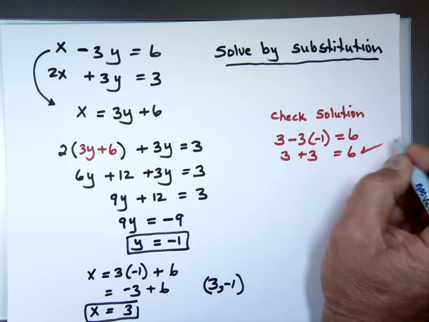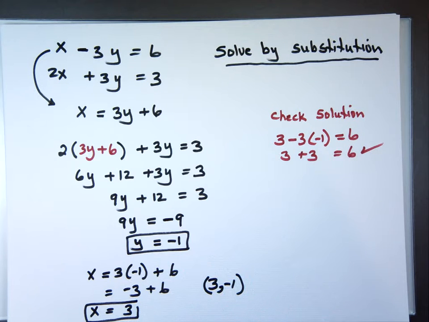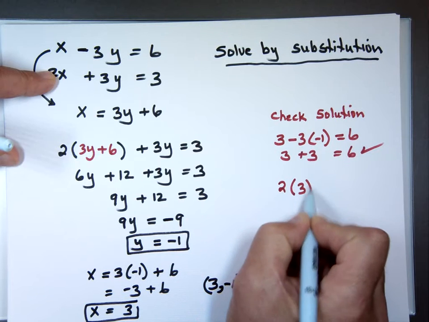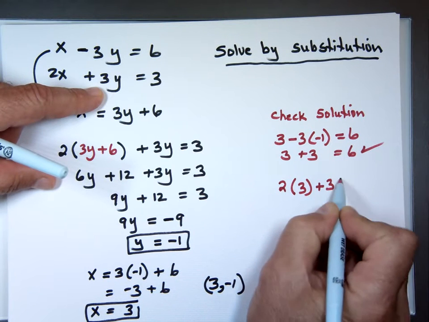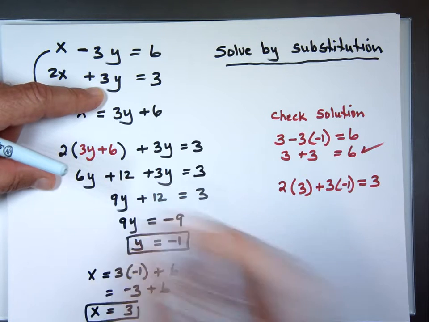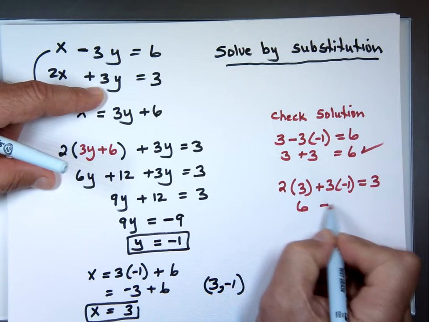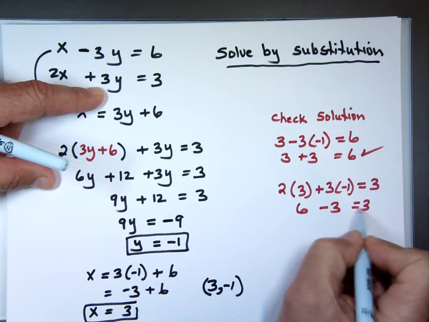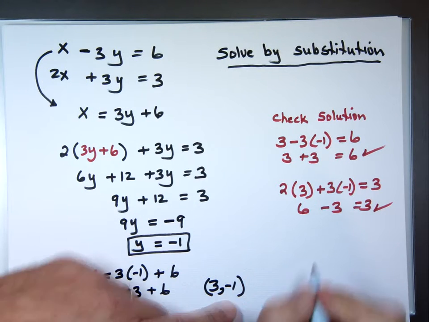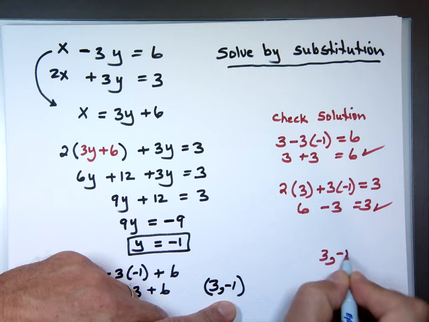Yes, the first equation is good. Let's try the other equation. 2 times 3 plus 3 times a negative 1, does that equal 3? 6 minus 3, is that equal to 3? Yes, it's yes in both. That is my solution. So my solution, 3 comma negative 1, is good.